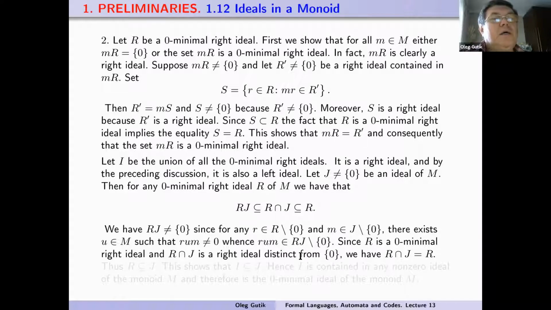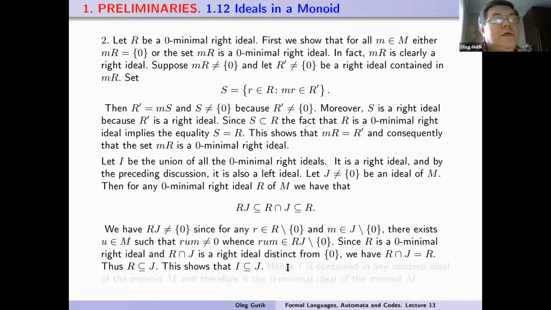Since R capital is a zero minimal right ideal, and the intersection of R capital and J capital is a right ideal distinct from 0 as an ideal, we have that the intersection of R capital and J capital is equal to R. Therefore, we get that R capital is a subset of J capital.